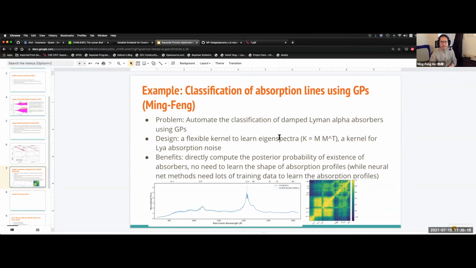I see. And the other question I had was, typically when one does Bayesian model comparison, there's this issue of sensitivity to the priors. And so I was wondering how you decide to set those priors. The prior becomes important when the likelihood is weak. For example, when the spectrum has a very low signal to noise ratio, then different models will give very similar likelihoods.